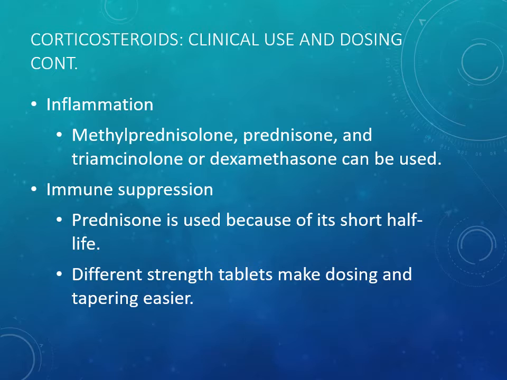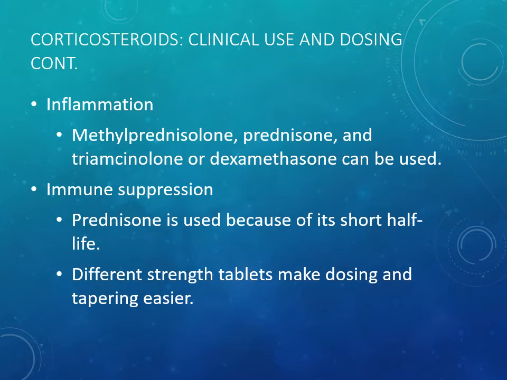Because the need for mineralocorticoid activity is low or absent in the indication of inflammation, drugs with more anti-inflammatory activity are appropriate, and that's what these are. But for immune suppression, we can use prednisone. It has a short half-life.